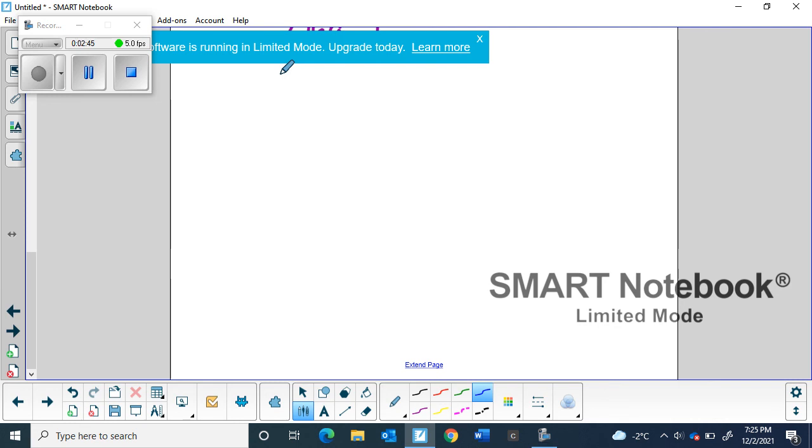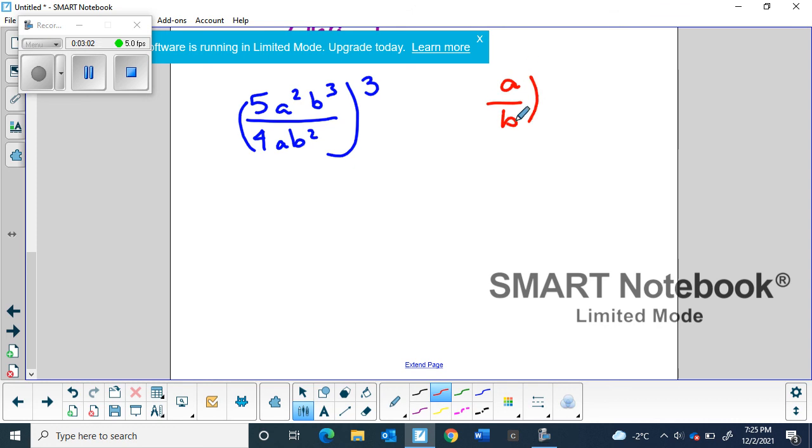Now, if we did the same type of question, but with division, all right, this same problem applies. (a over b) to the m means a^m over b^m.